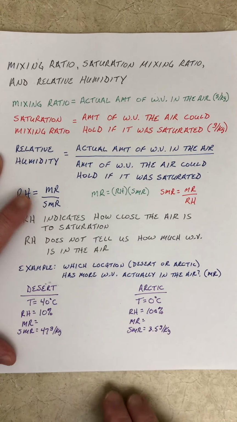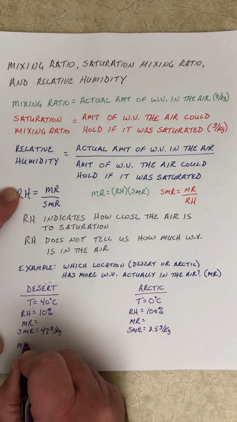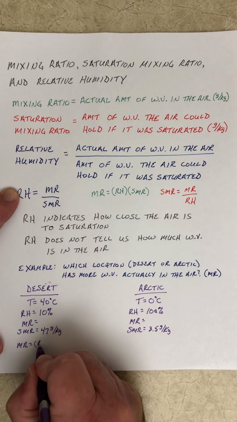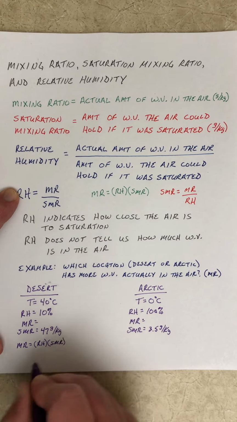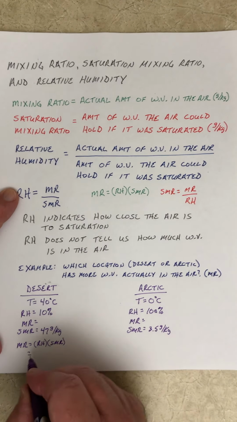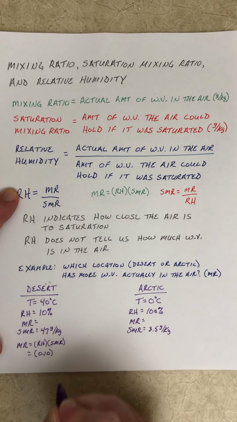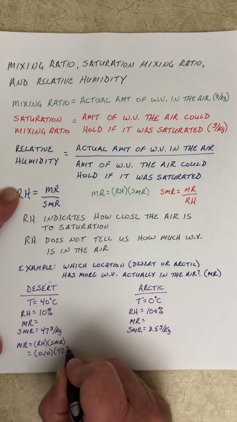Okay, so now we just need to calculate the mixing ratio. The mixing ratio is equal to the relative humidity times the saturation mixing ratio. Relative humidity is 10%. If I change that to decimal form, that's 0.10. Saturation mixing ratio is 47 grams per kilogram.